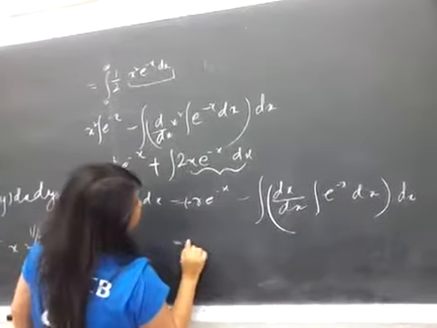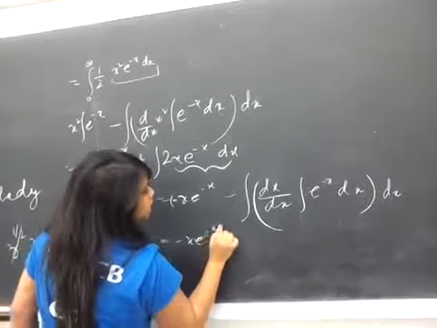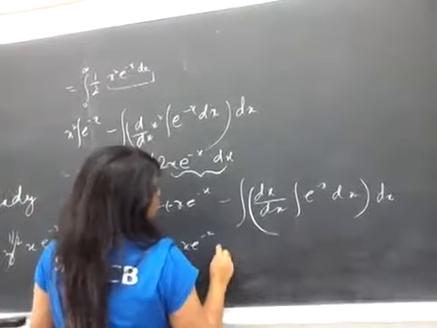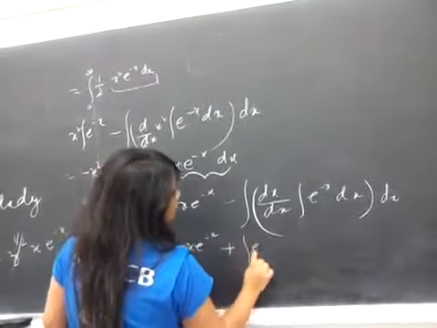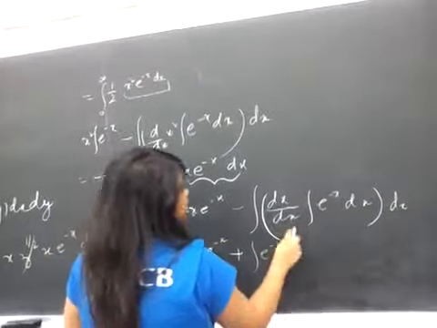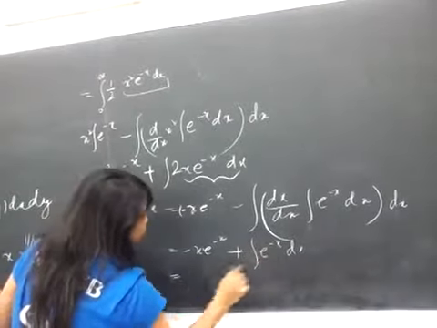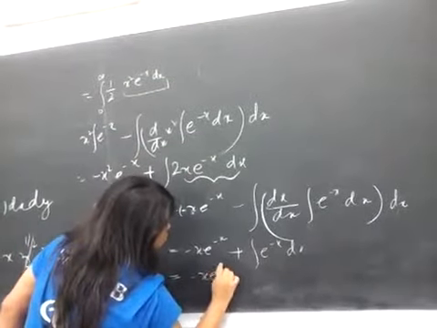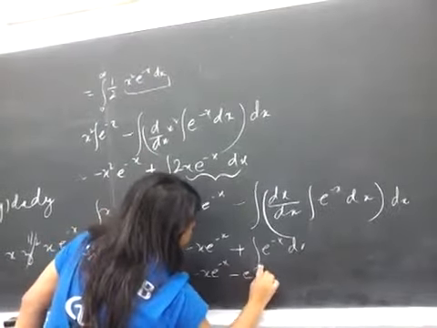This comes out to be minus x e raised to the power minus x plus the integration of e raised to the power minus x dx. Of course, the two minuses make it a plus. Again you integrate it, you get minus x e raised to the power minus x minus e raised to the power minus x.